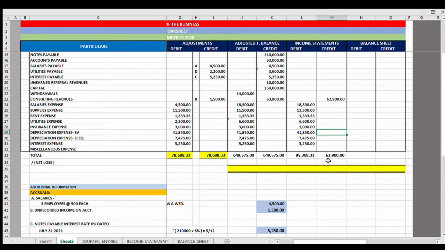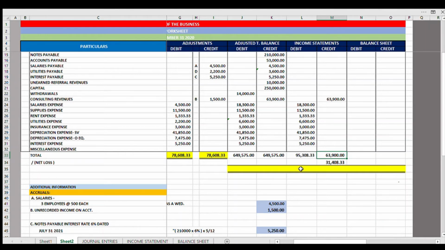So it is very visible, it is very clear to us that the credit is less than the debit. So it seems to me that there is a difference of 31,408.33, which we can surely say that it is a net loss, because the credit, which represents the income account, is less than the total of the debit.